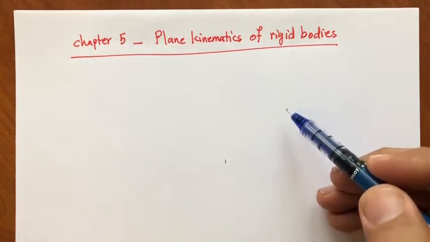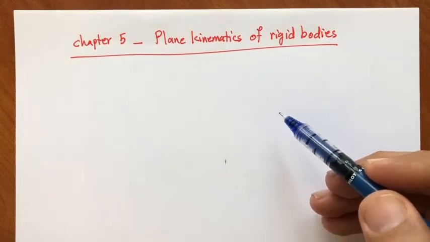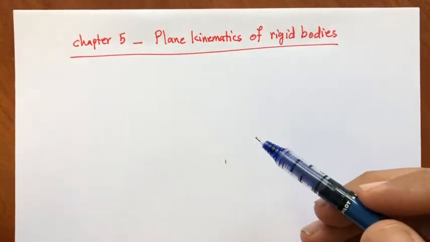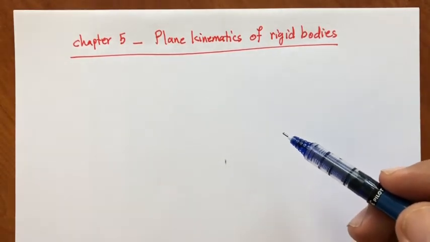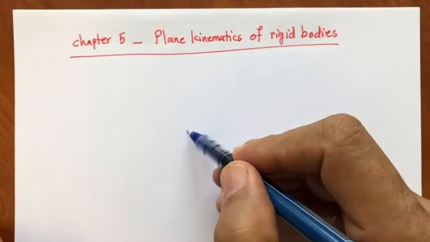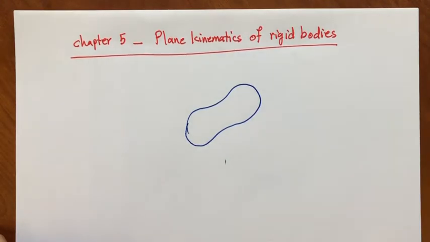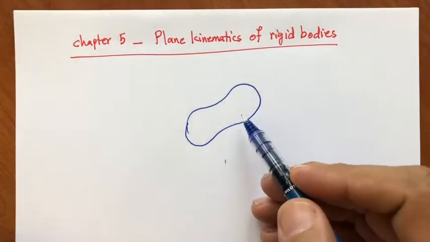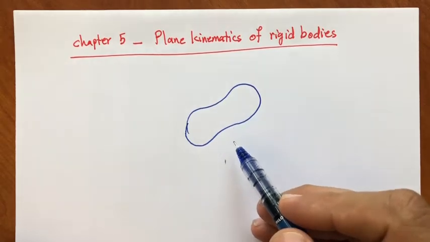Like for example, using x and y in Cartesian coordinates, or r and theta in polar coordinates, and also a similar thing for normal tangential coordinates. But whenever we have a rigid body, let's say the rigid body is just moving in this plane, then it is not possible to describe the position and orientation of it with only two variables.